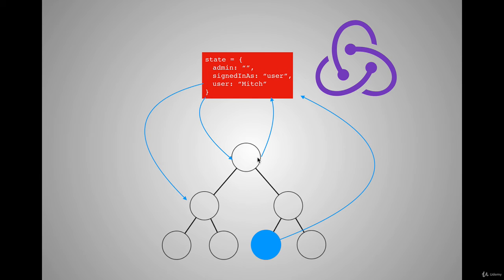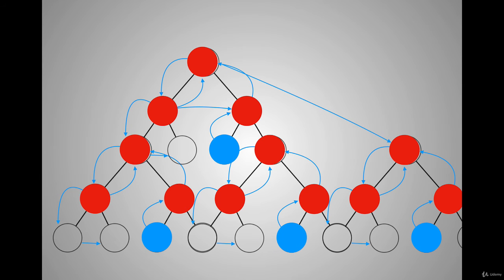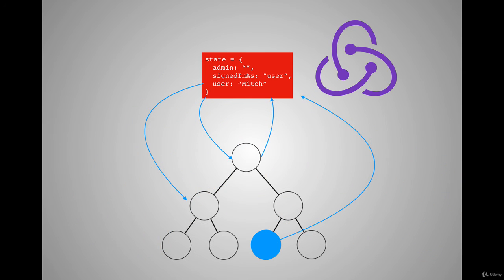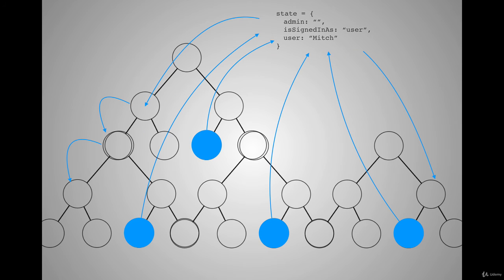So our diagram from looking like this with just React can go to looking like this with Redux, where none of the components need to hold state anymore, and we can have one massive object that describes our entire app, and whichever component needs that prop can just be passed down to it.